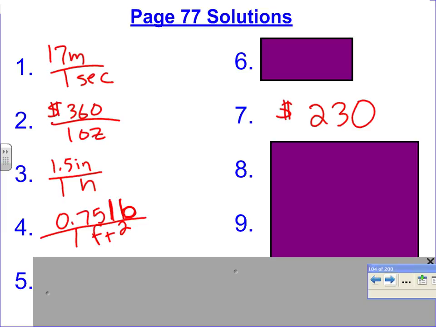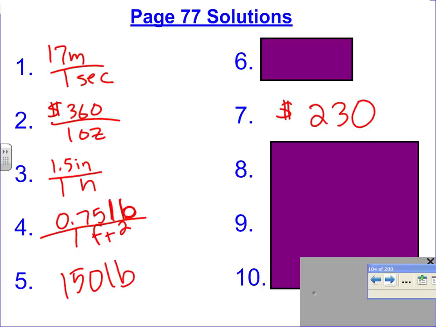Annalise. If you wrote out for number 5, 30 pounds for every 1 day, that's fine.